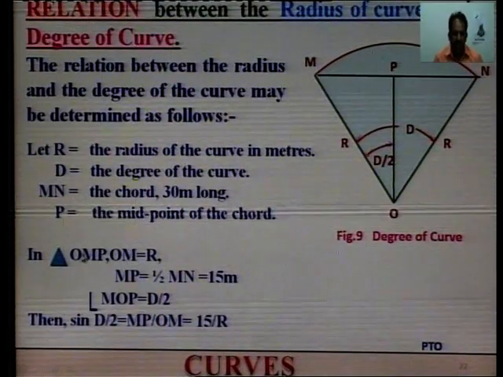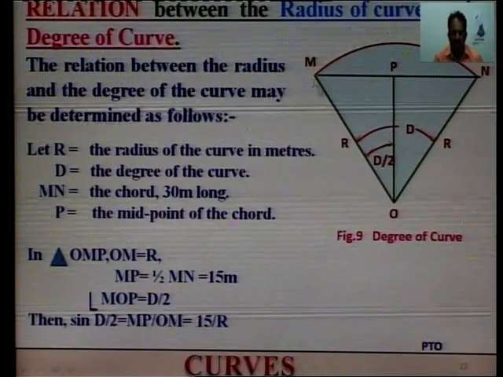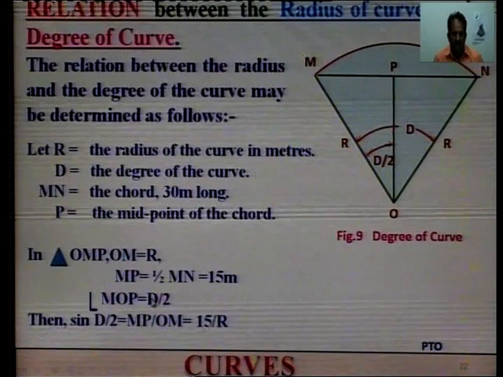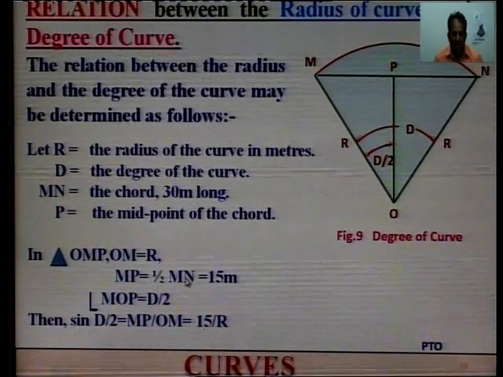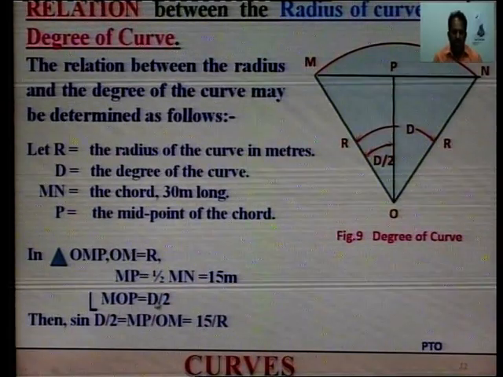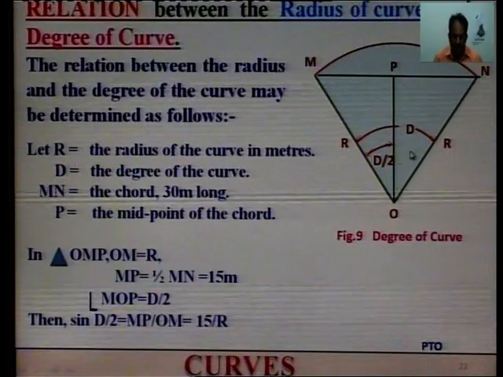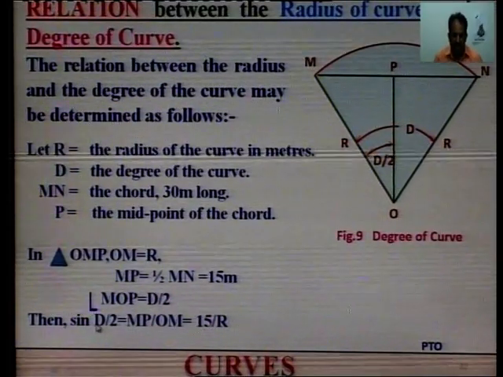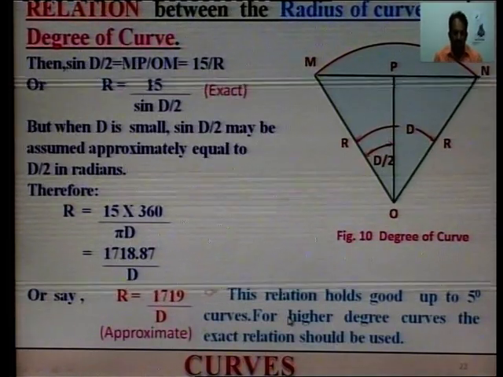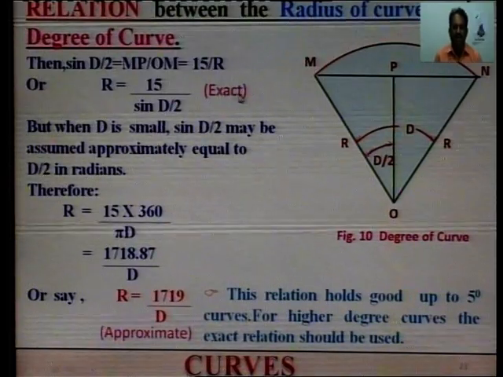In triangle OMP, OM is equal to r, MP is half of MN, which is 15 meters, and angle MOP is d by 2. Then sin d by 2 is equal to 15 by r.